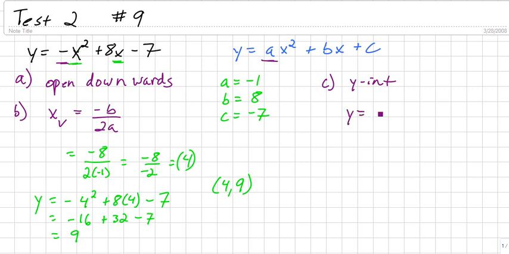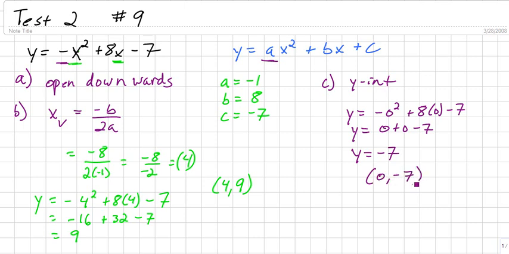So y equals negative 0 squared plus 8 times 0 minus 7. That obviously comes out to 0 plus 0 minus 7, or simply y equals negative 7. Remember, the y-intercept is also an ordered pair, so that location is 0, negative 7. And that's how we find the y-intercept.